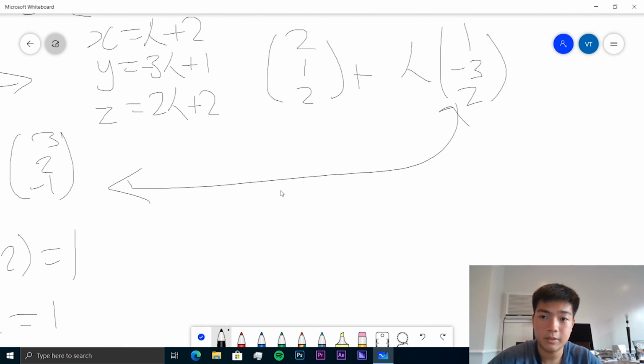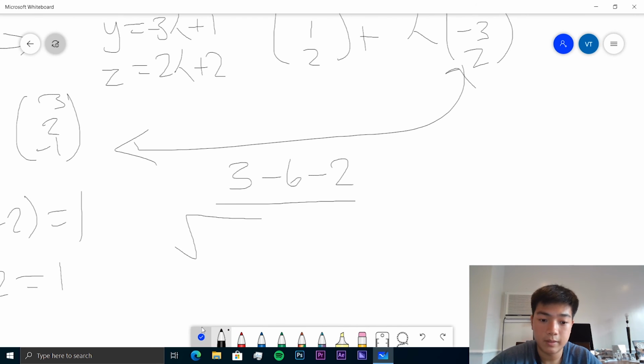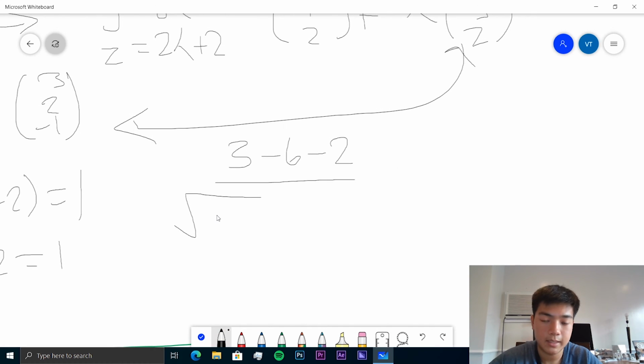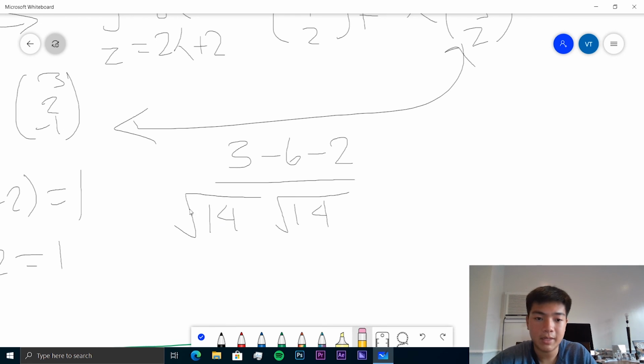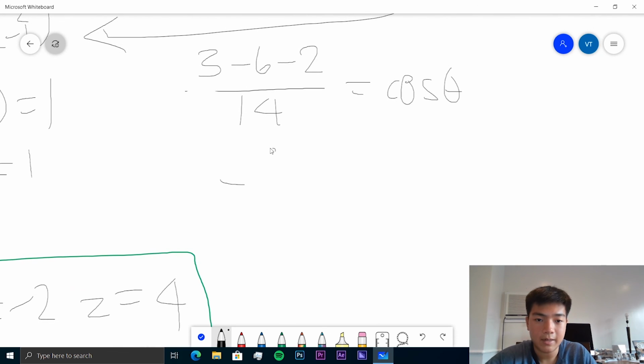So that's equal to the dot product, 3 minus 6 minus 2, all over square root 14 times square root 14, so it's actually 3 minus 6 minus 2 over 14, equal to cosine theta. So we have negative 5 over 14 is equal to cosine theta.